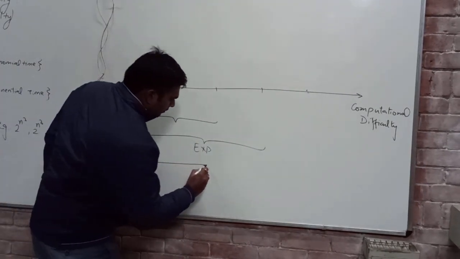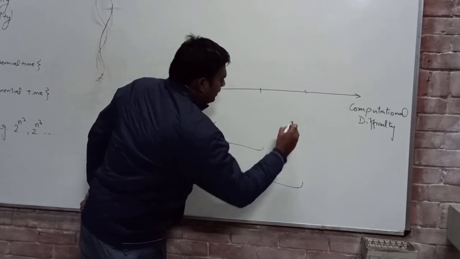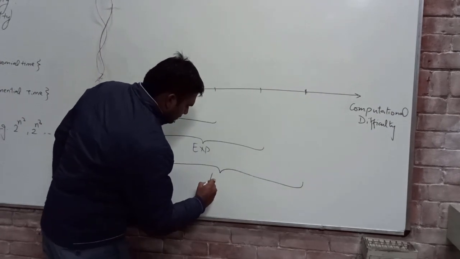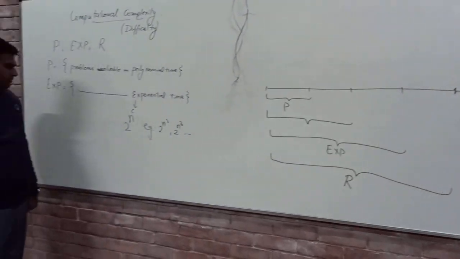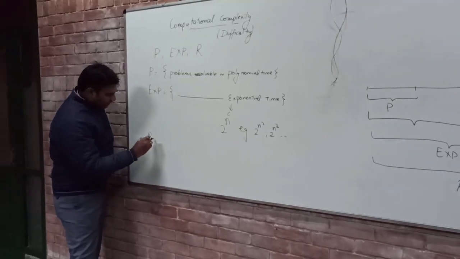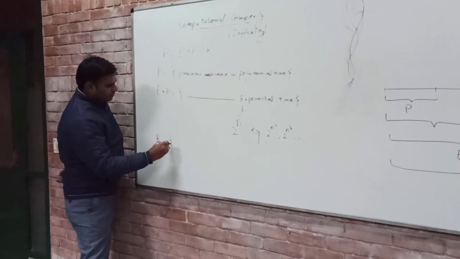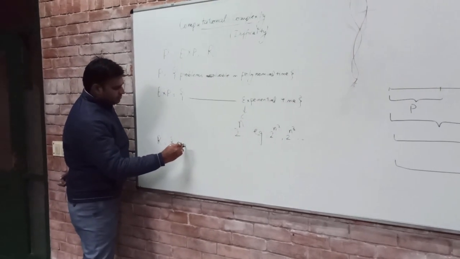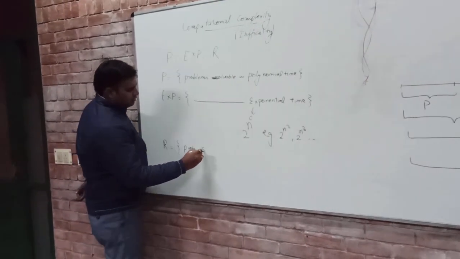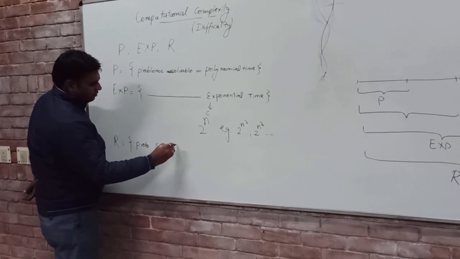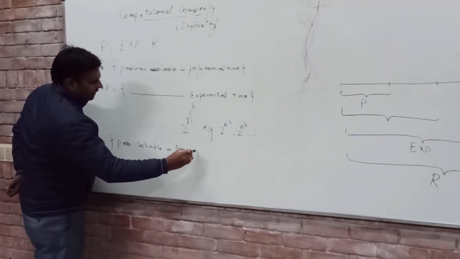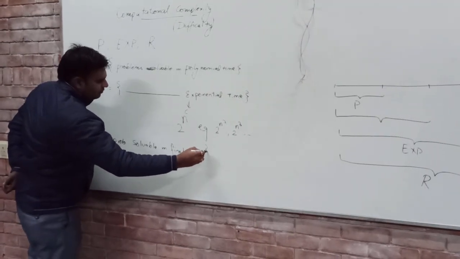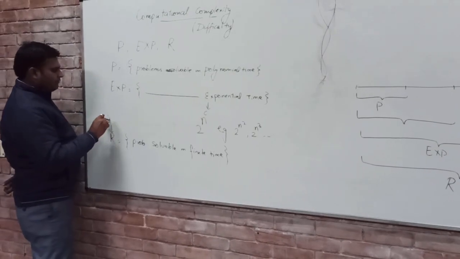And this is R. What is the meaning of R? R is problems solvable in finite time. R generally stands for recursive.